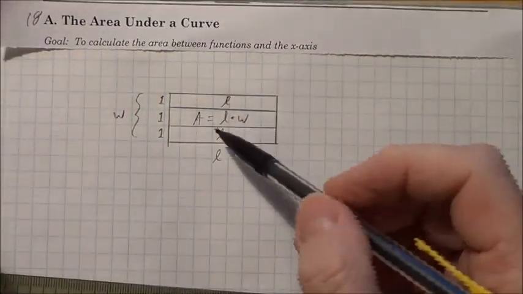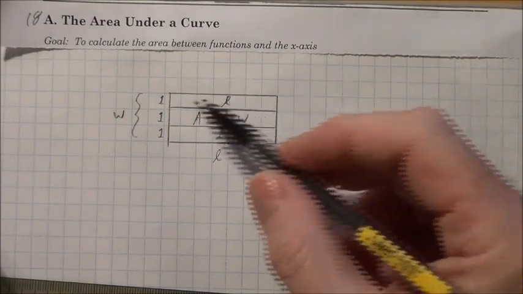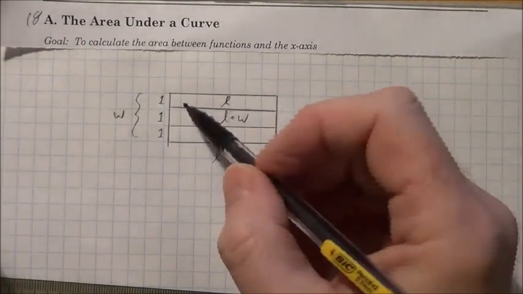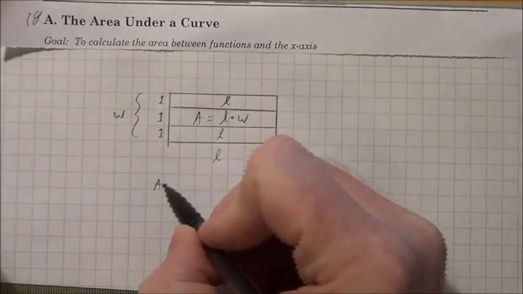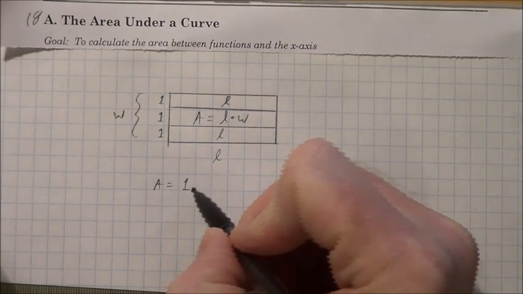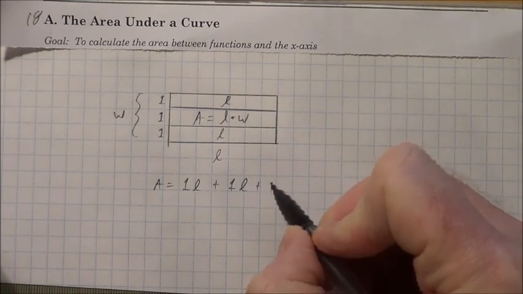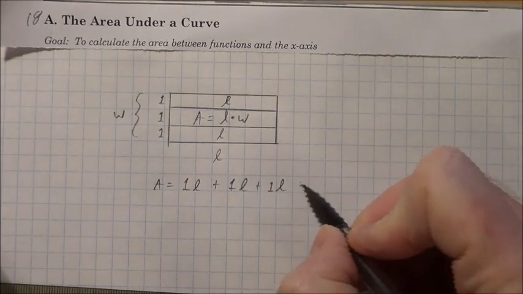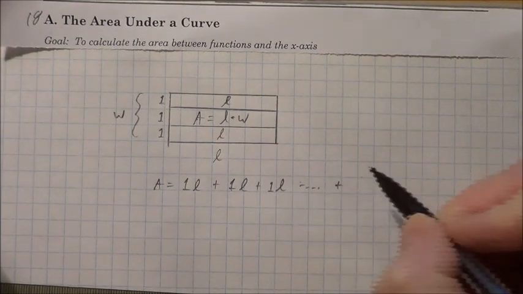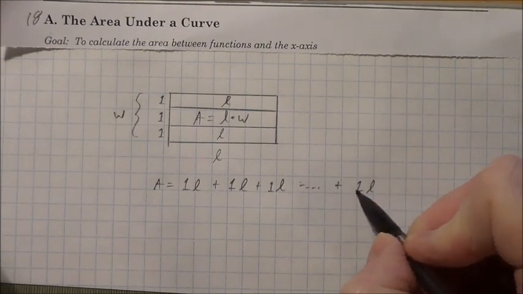So the formula for the area is 1 times L plus the other 1 times L plus the third 1 times L, etc., all the way to the last 1 times L.